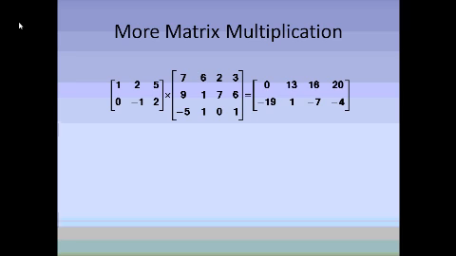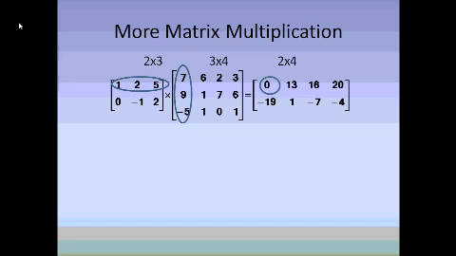Here is another example of matrix multiplication. Here, we are multiplying a 2 by 3 and a 3 by 4 to get a 2 by 4. To perform the multiplications, we must multiply the first row of the first matrix by the first column of the second matrix to get the element in the first row and the first column of the final matrix.